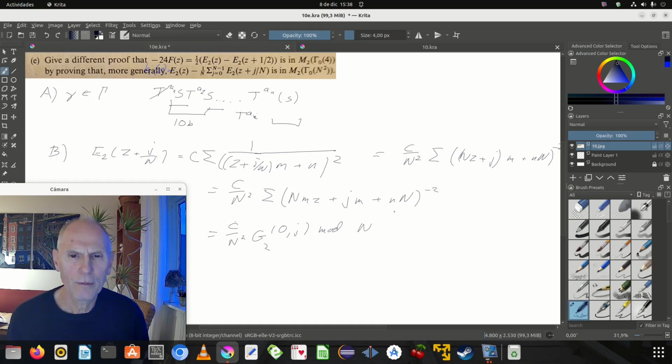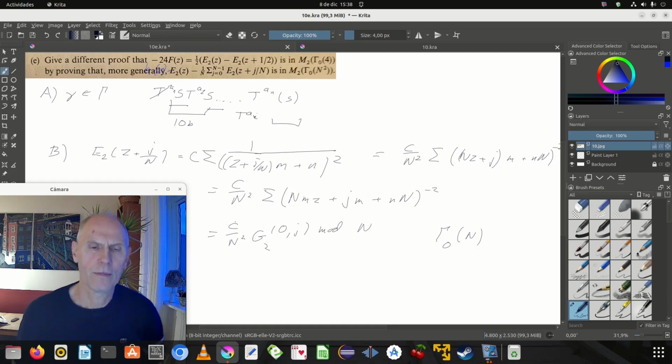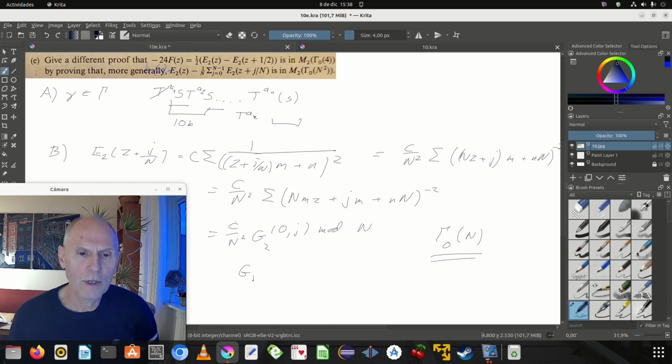And here we see that this should be invariant with respect to gamma naught of n. But actually all the theory, we are not at all sure about that. All this, the theory we have in the section on dk only holds if k is larger than or equal to 3.